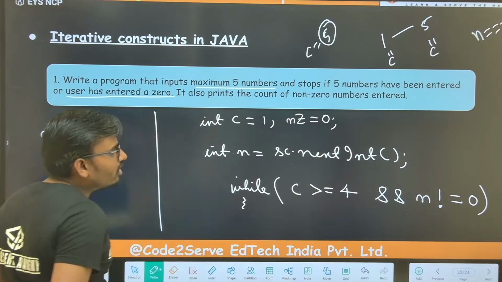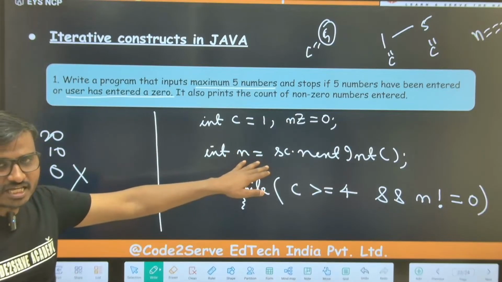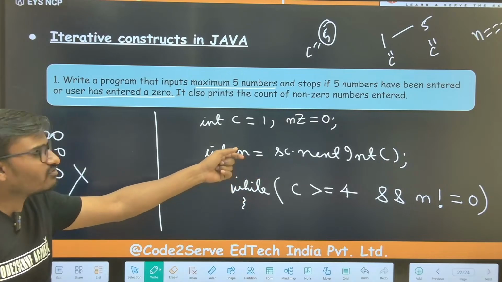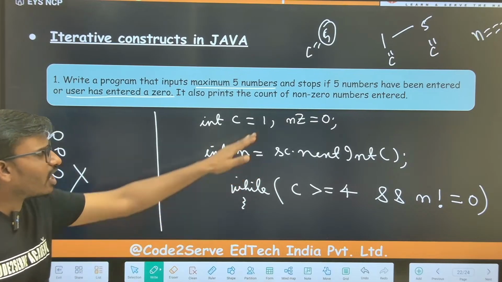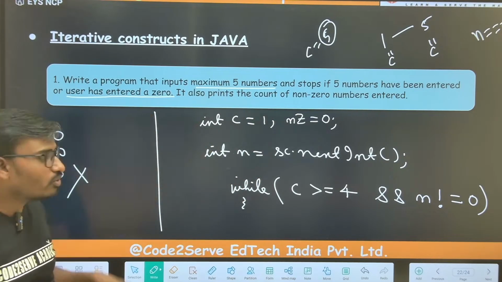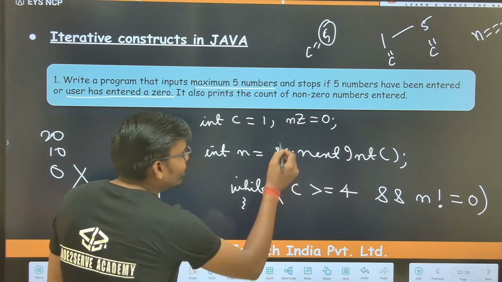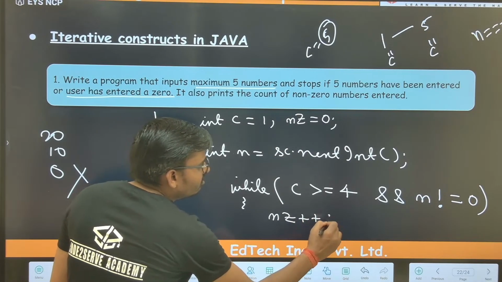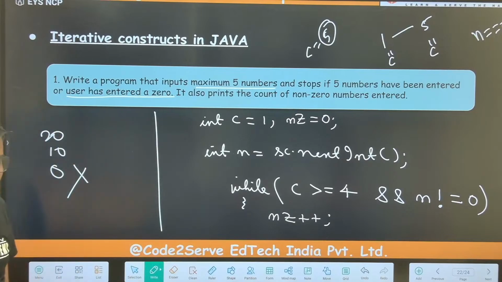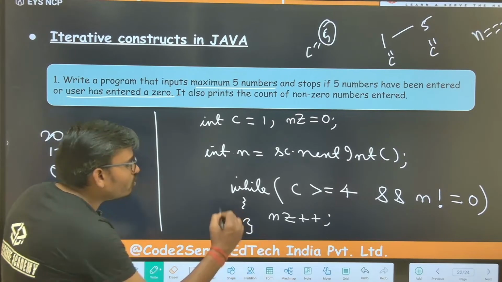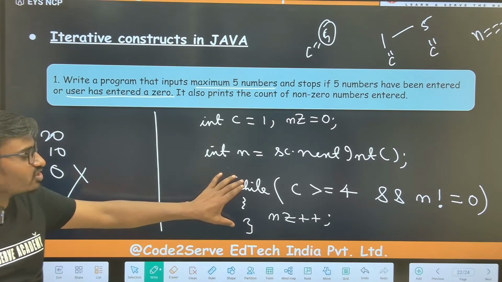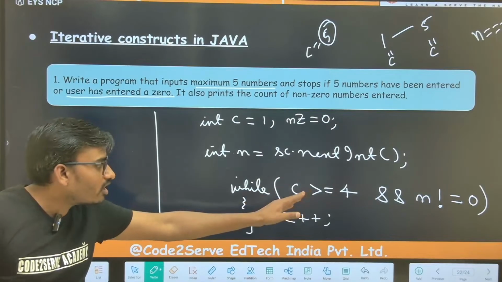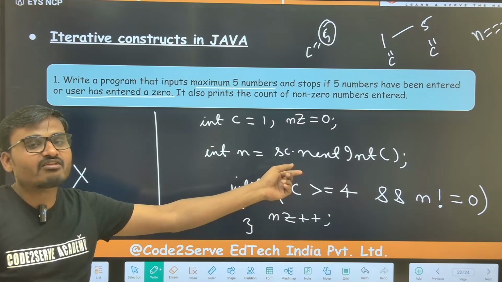So here you took one number as an input. Suppose it was 0, then again the output of nz will be 0. So what you will do, here you will increase nz, you will say nz plus plus. So this loop will run until and unless the user enters 0, or until you have taken 5 numbers as an input.